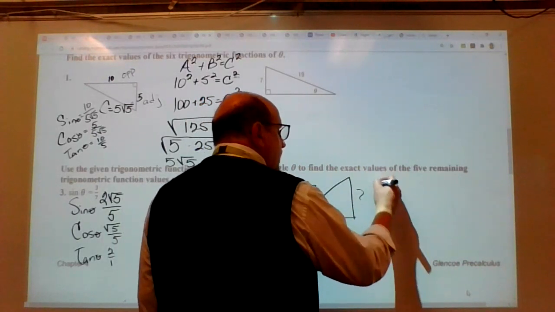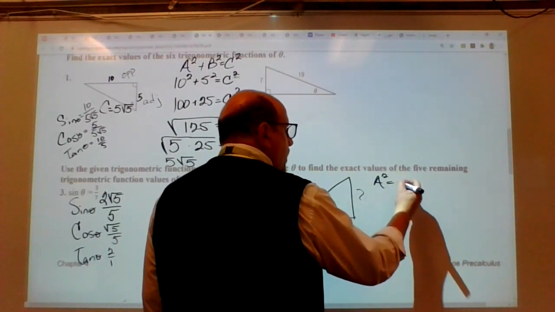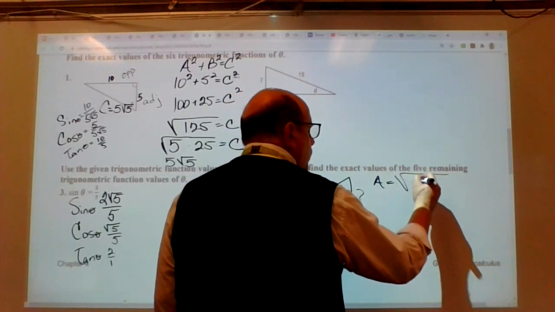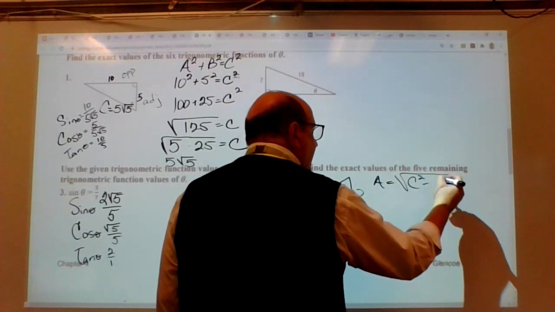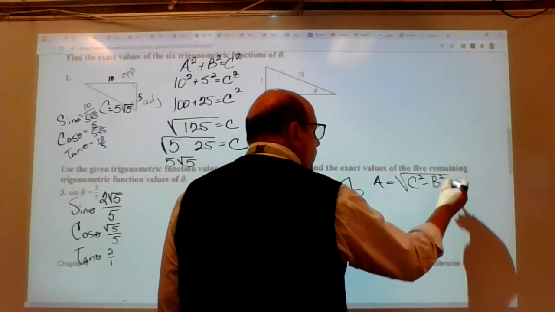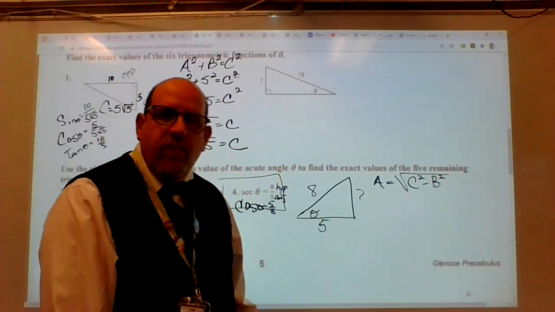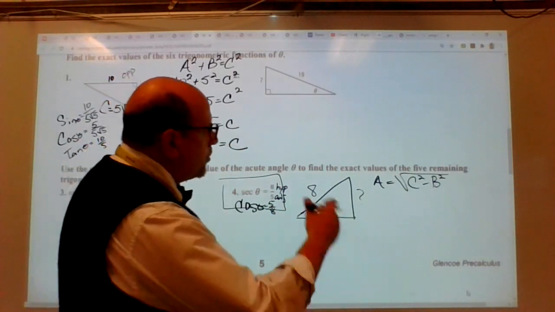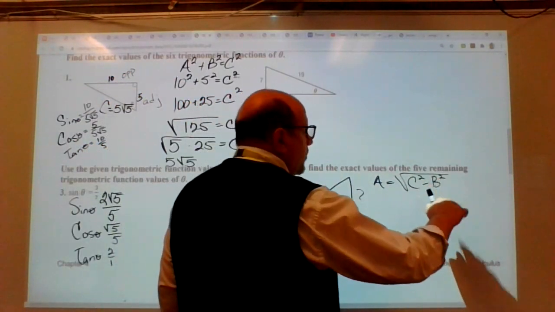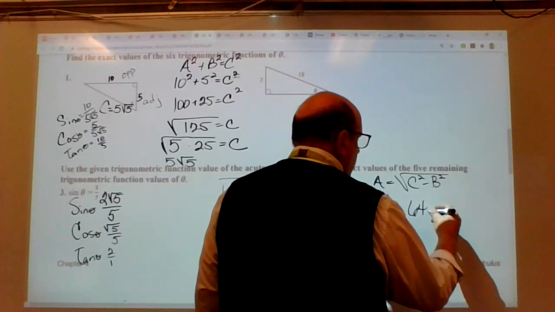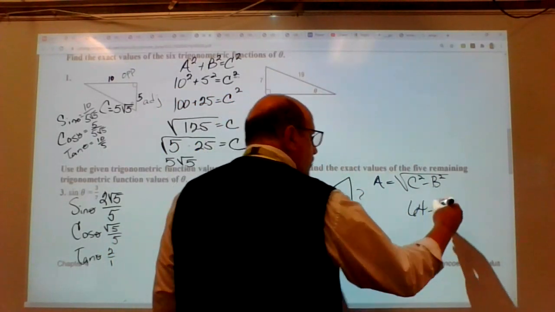We're going to say that a is equal to the square root of c squared minus b squared. Oh my gosh. We've just rearranged this Pythagorean theorem and now we're doing some work with it. Here it is. C squared, 64, minus 5 squared, 25.